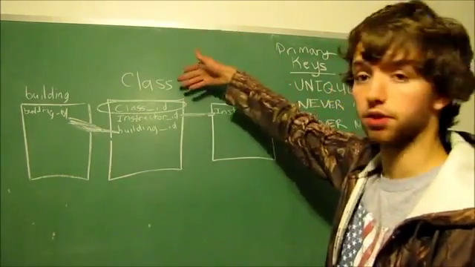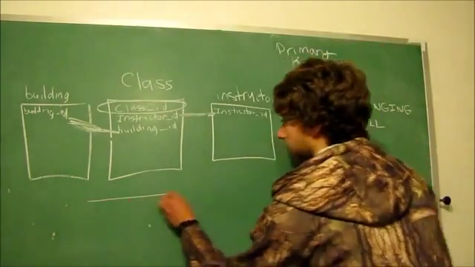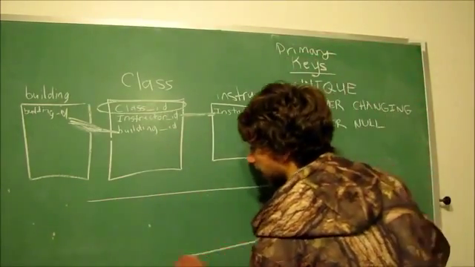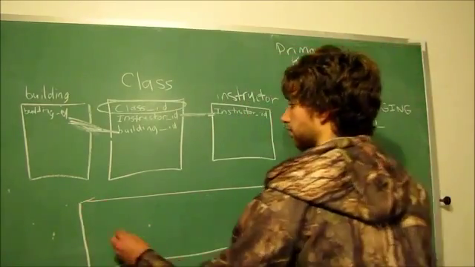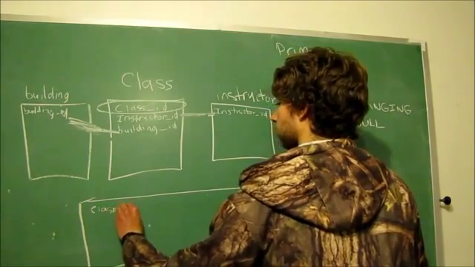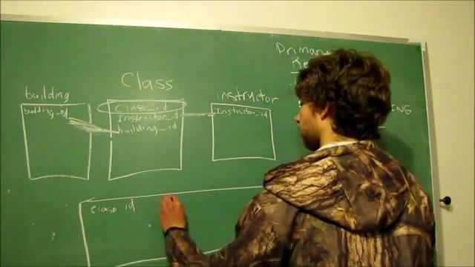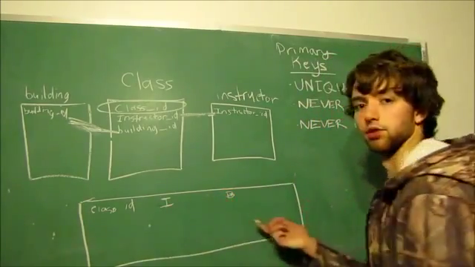When we have a row within our class table, let's draw this table out a little bit better so we can see how it would work. Let's say this is an actual example of the values within this table. We have a class ID, an instructor, I'm just going to put I, and then the building ID, just for simplicity.